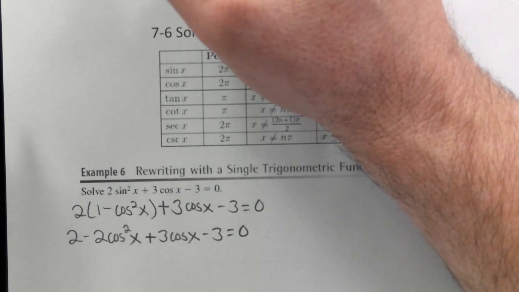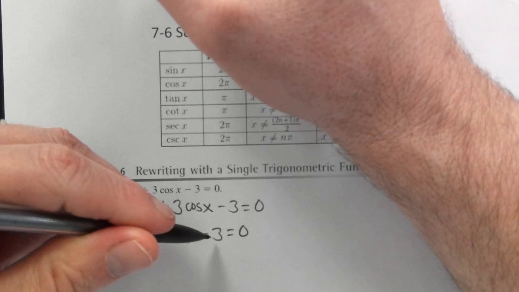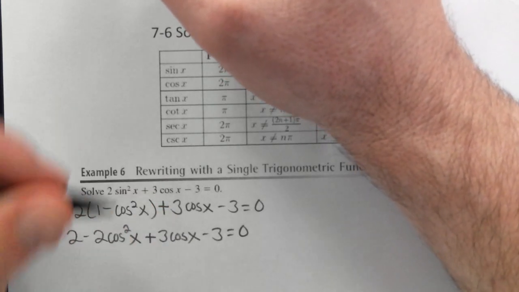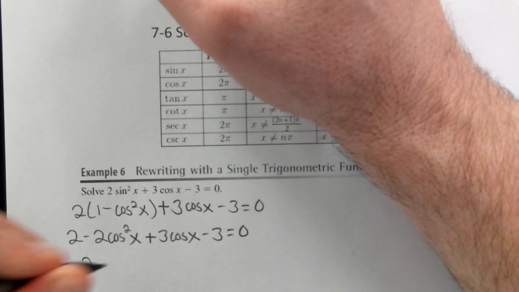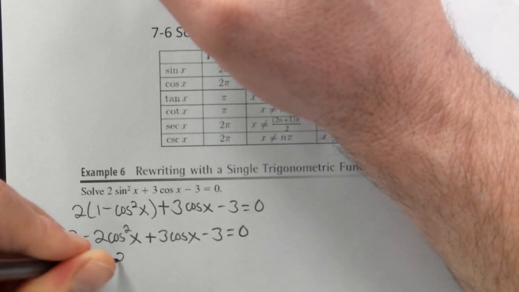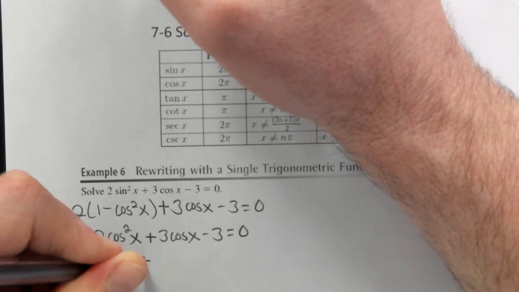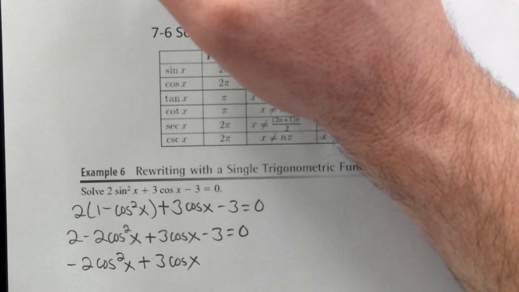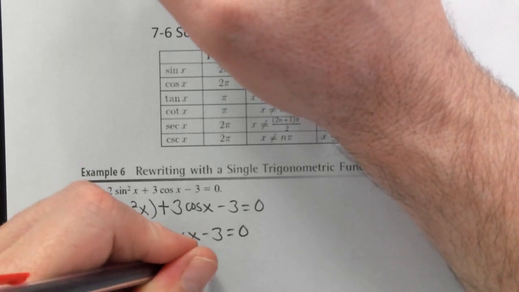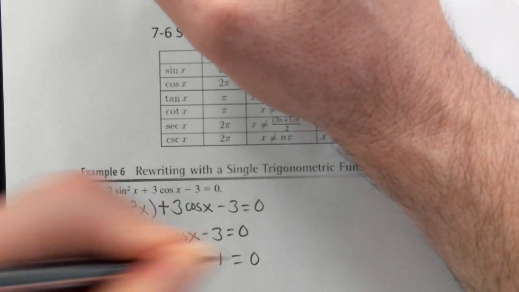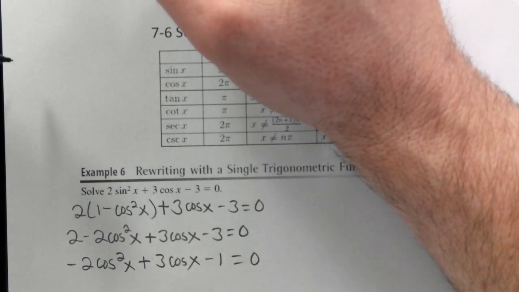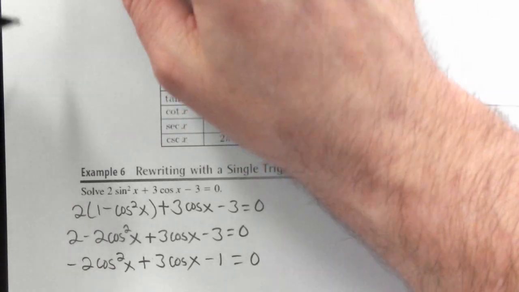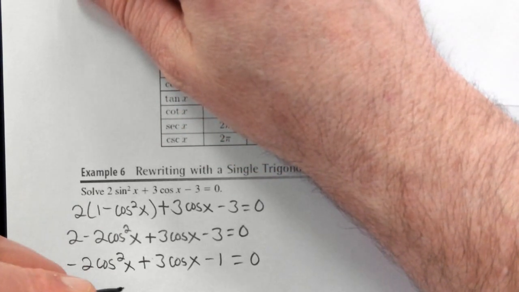So from here we can go 2 minus 3, combine that and get negative 1. So let's go ahead and do that. Now we've got negative 2 cosine squared x plus 3 cosine x minus 1 equals 0. At this point we have it in a form that we could actually factor into a product of 2 binomials.